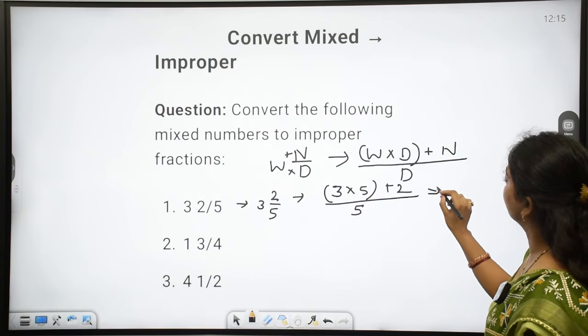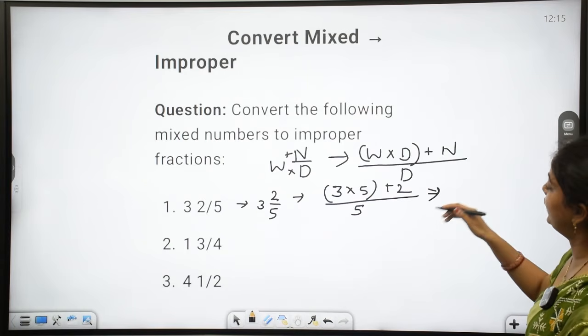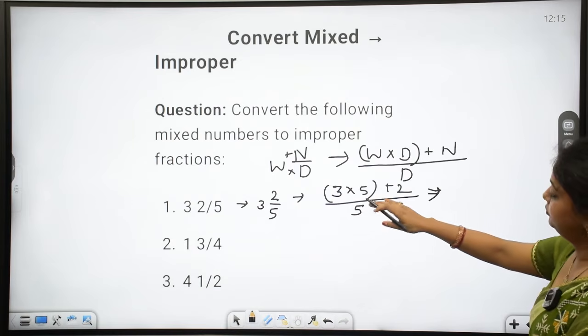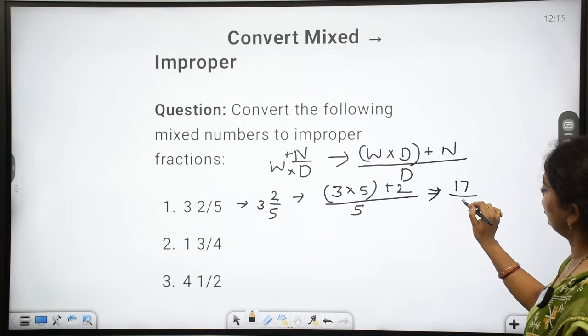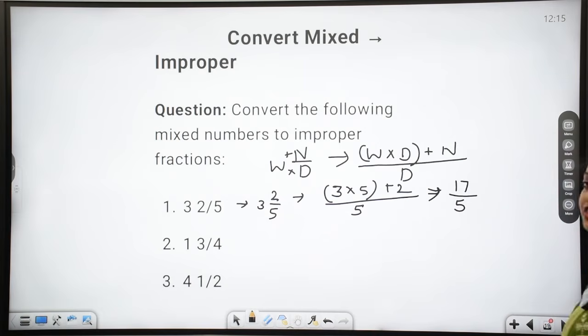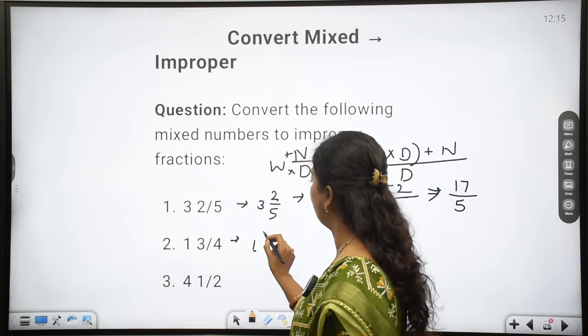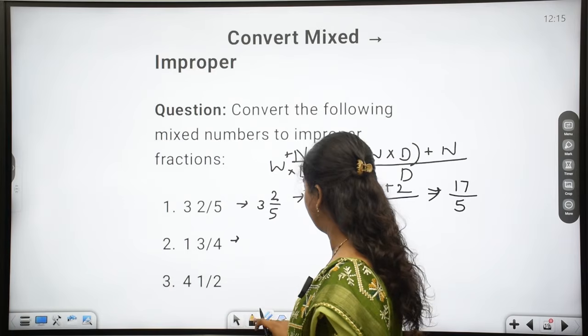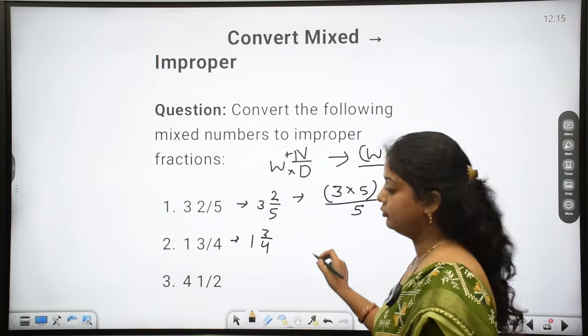Now let's do it. 5 3s are 15, and when we add 2, 15 plus 2, 17. The denominator is the same, so our fraction will become 17 upon 5. Let's do the next one. This is 1 whole 3 by 4.